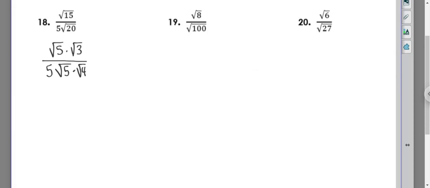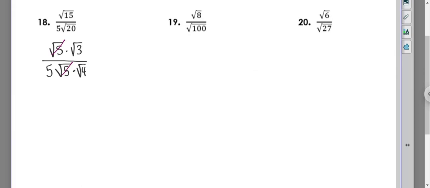There's other ways to break up 20, but that's the way that means I can do some work with this. So I have square root of 5 over square root of 5. Again, multiplication, so I can divide anything out that's common.